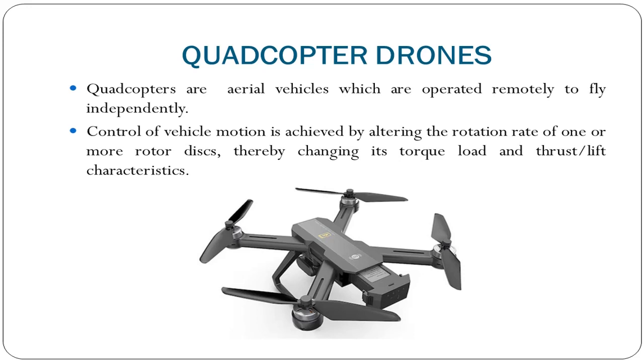Normally, quadcopter drones have 4 rotors. If there are 6 rotors, then it is called a hexcopter. If there are 8 rotors, then it is called an octocopter.